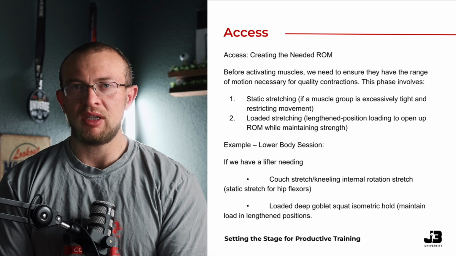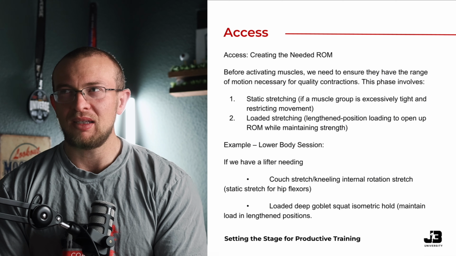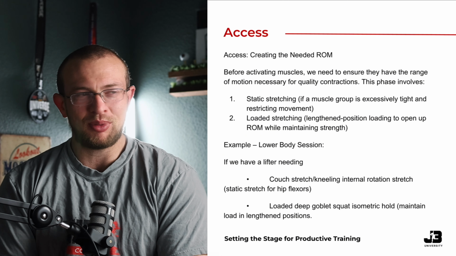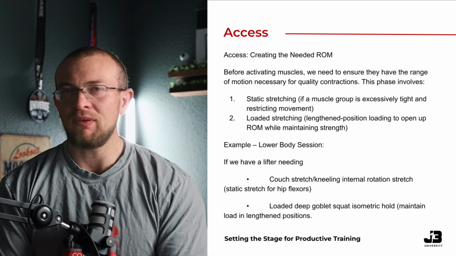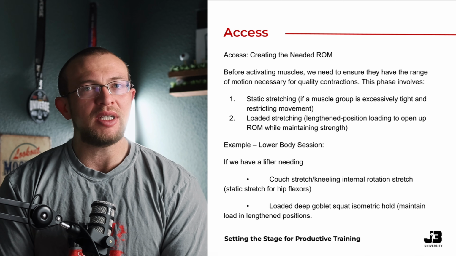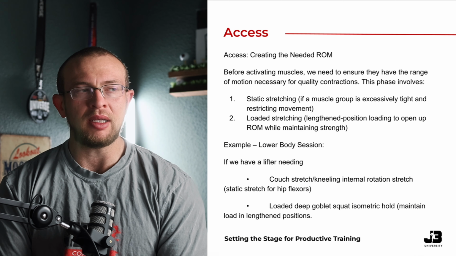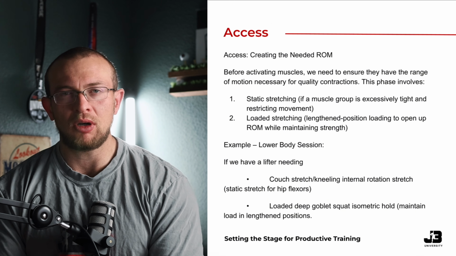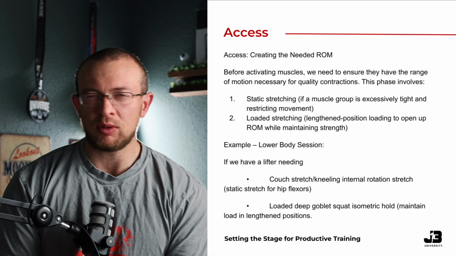Especially nowadays, with how much we sit at a desk, there's rarely a day that you're going to walk into the gym feeling ready to roll. So I put an example down below, preparing for a lower body session. If we have a listener needing improved range of motion or access to depth in squatting, a common place you'll start will be some version of a kneeling internal rotation stretch, some sort of couch stretch.